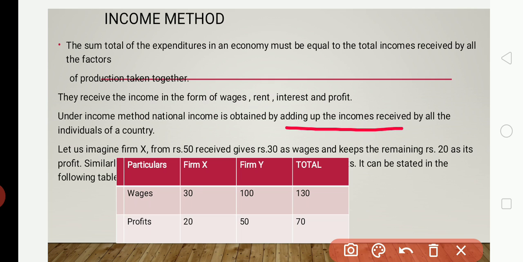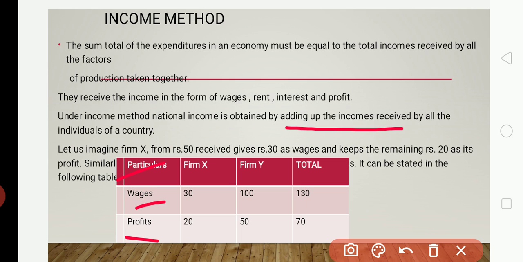Now here is an example. Let us imagine firm X. So firm X is the one example given, with particulars: wages and profits. We are adding up both. Okay. So firm X receives rupees 50 and gives rupees 30 as wages.